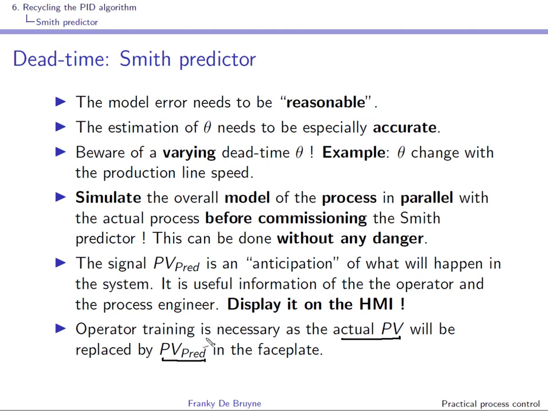But they can use this predicted PV because it is an anticipation of what will happen on the actual system. So it is very important to make sure that on the HMI you have a separate window where you see both the actual PV and the predicted PV with, of course, the action of the controller.